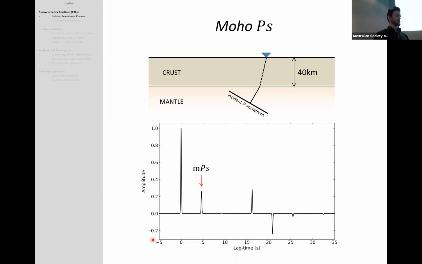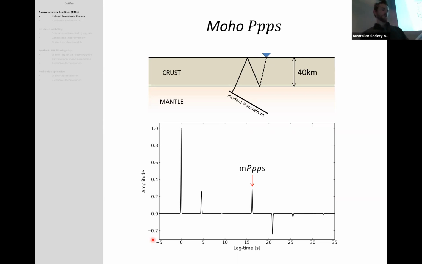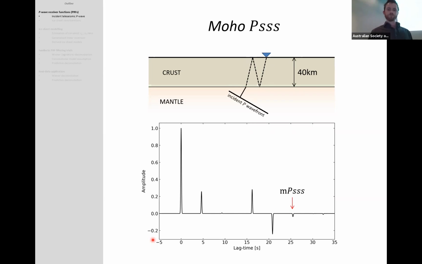The second peak is the converted S wave from the base of the crust. In fact, the P to S conversion from any superficial layer in any environment will always be the first arrival. Note that the Moho Ps always has positive polarity. The third main peak is a reverberation. 2 passes as a P and 1 as an S, and so on.